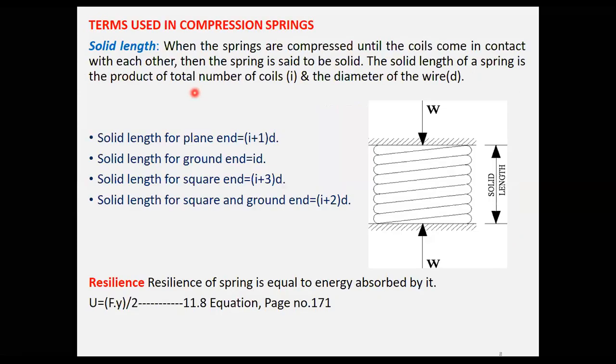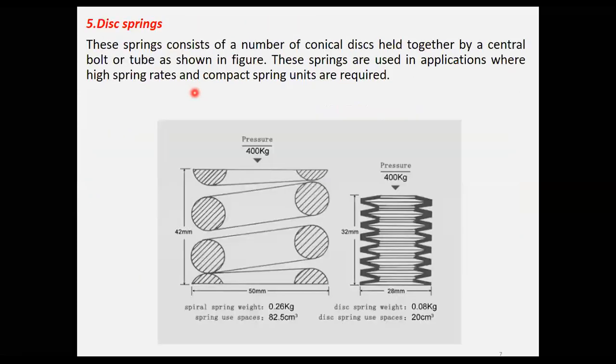And the last type of spring is the disc spring. Here there will be a circular tube or bolt. On this, they place the discs. So that's why it is called a disc spring.